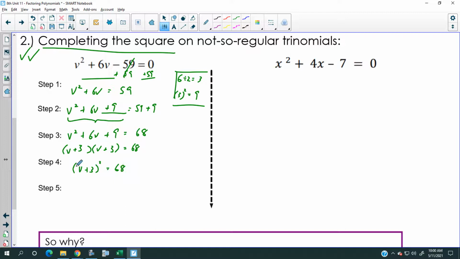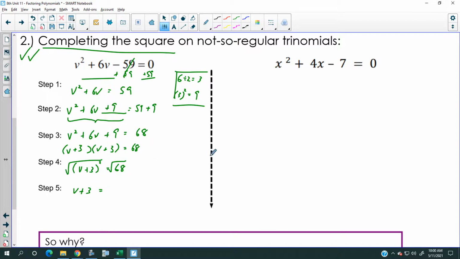Take the square root from both sides, right? Now, this is what I'm talking about when I say something like this is a little bit more complicated because 68 is not a perfect square, right? So now, let's take care of this first. So here we got v plus 3, right? Because that's what taking a square root does, right? It gets rid of the second power. And here we got 68.